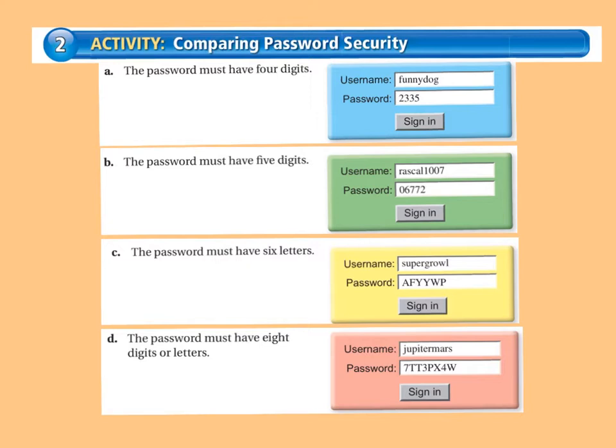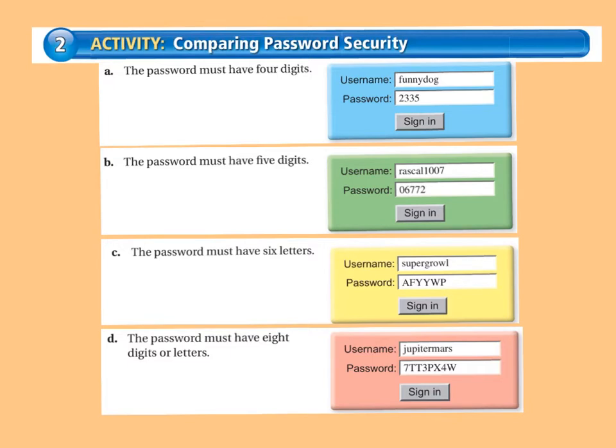And that is to increase the security of your password. So as they make different things required, such as numbers, letters, characters, it increases the number of possibilities for your password, therefore making it much more secure, less likely that someone would guess your password.